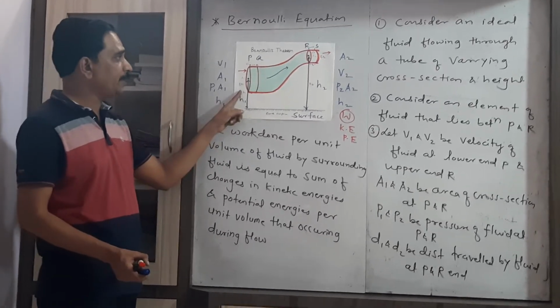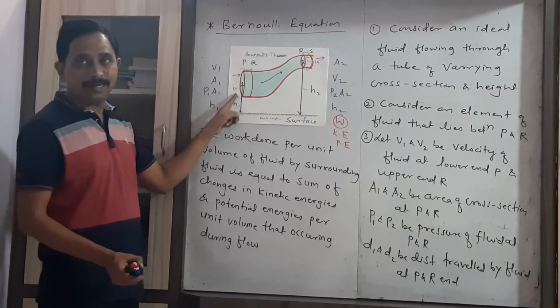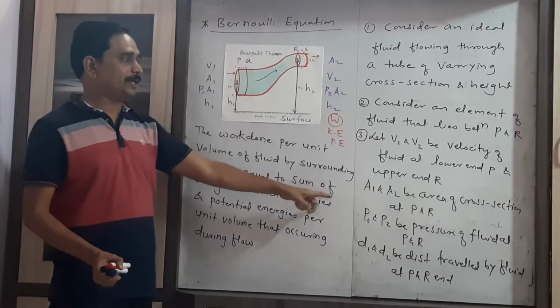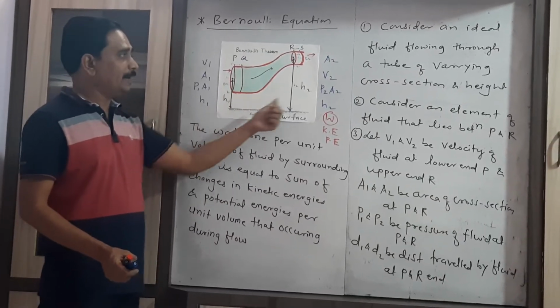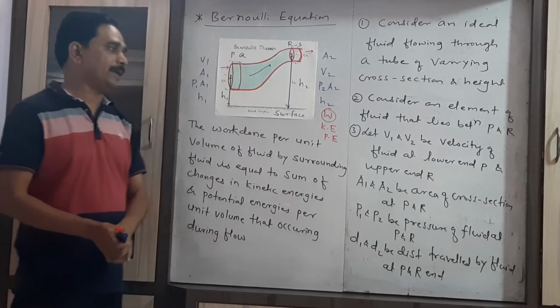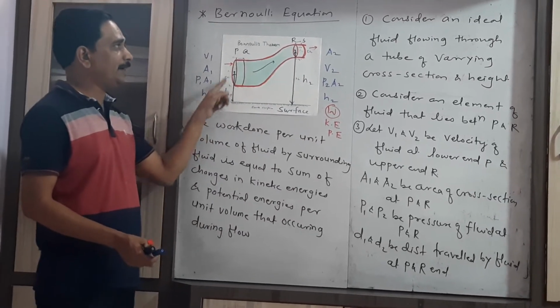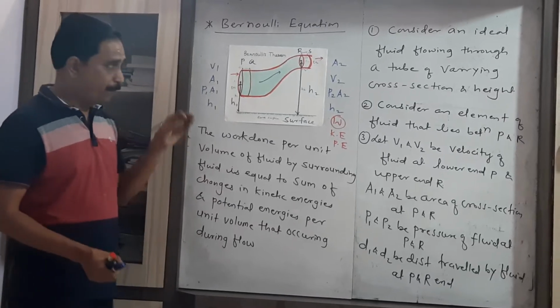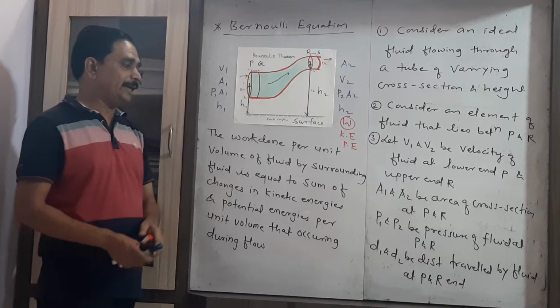That is, lower end P and upper end R. As this is at a lower height and this is at an upper height, P end is at lower height and R end is at upper height. A1, A2 are the areas of cross section of the P end and the R end. P1 and P2 are the pressures of the fluid at end P and at end R.